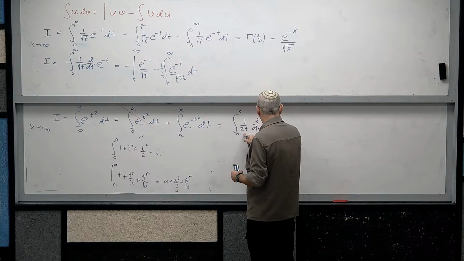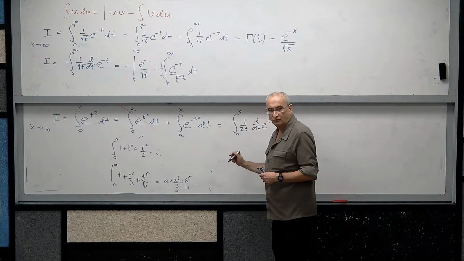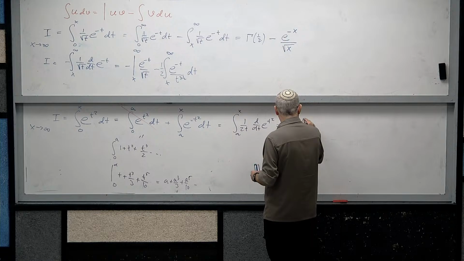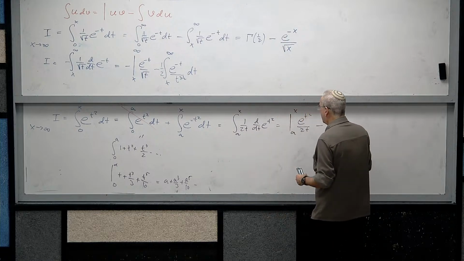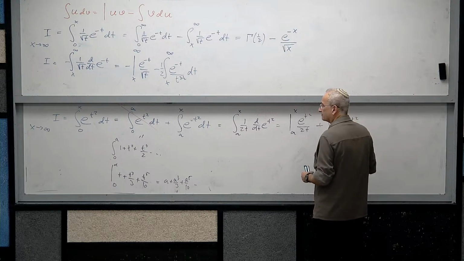This will be equal to e to the t squared over 2t evaluated from a to x, minus the integral from a to x of 1 over 2t squared e to the t squared.